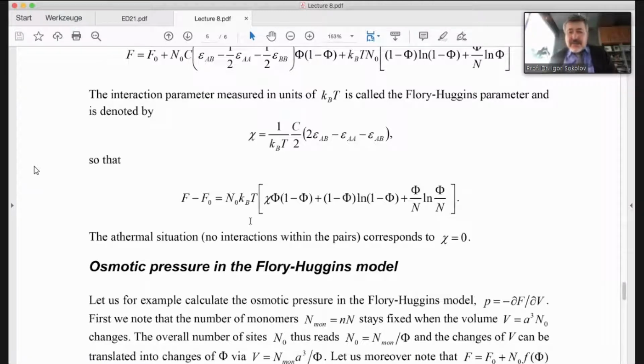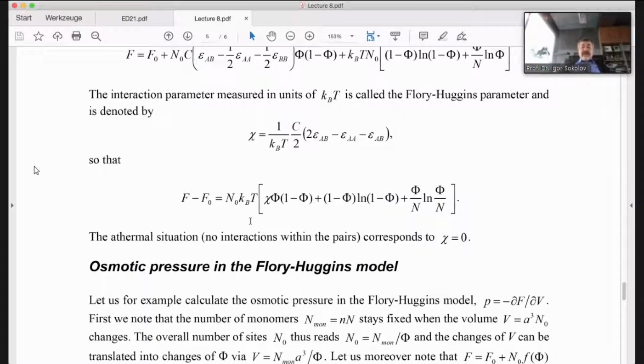And now let's play a little bit with the model. We will consider the model and its relatives in detail next week. And this week, I only would like to do one simple thing, or today I would like to do one simple thing. Namely, I would like to calculate the osmotic pressure in a polymer solution within this Flory Huggins model.